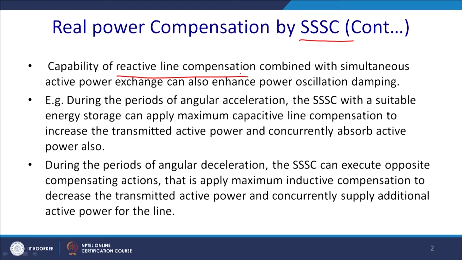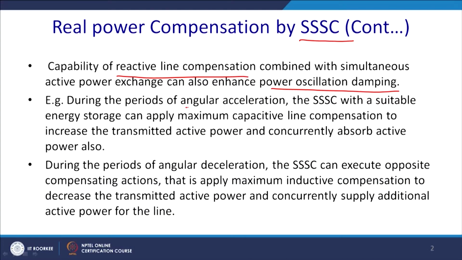The capability of reactive line compensation combined with simultaneous real power exchange can also enhance power oscillation damping. So, SSSC can provide active damping.